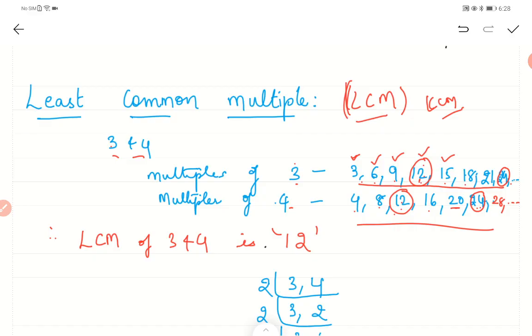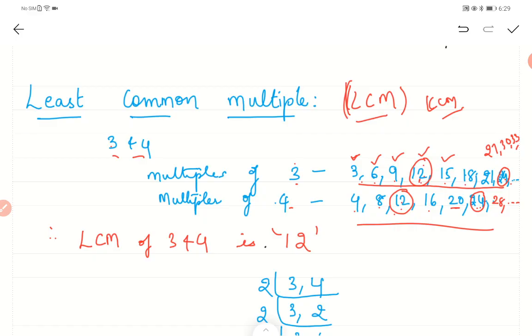You want to know which is the common multiple between 4 and 3 after 24. After 24, what is the next number? It is 27, right? Multiple of 3 is 27. Next 30, and then 33, isn't it? And so on.